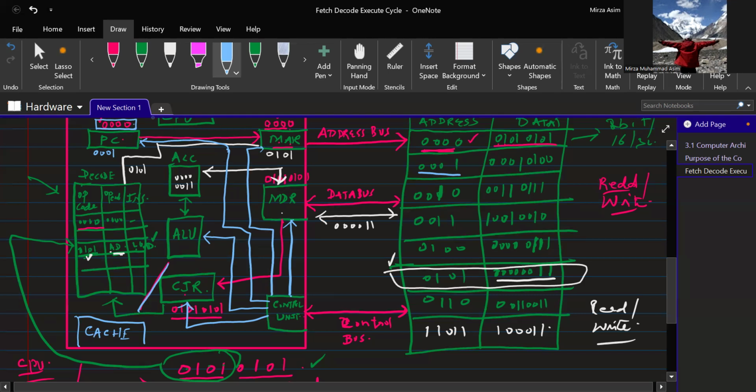The CPU doesn't need to go back to the random access memory. It only places that data which is frequently accessed by the CPU. So it saves time. So MAR, MDR, it's messy, but I believe you have understood. That clears your concept.